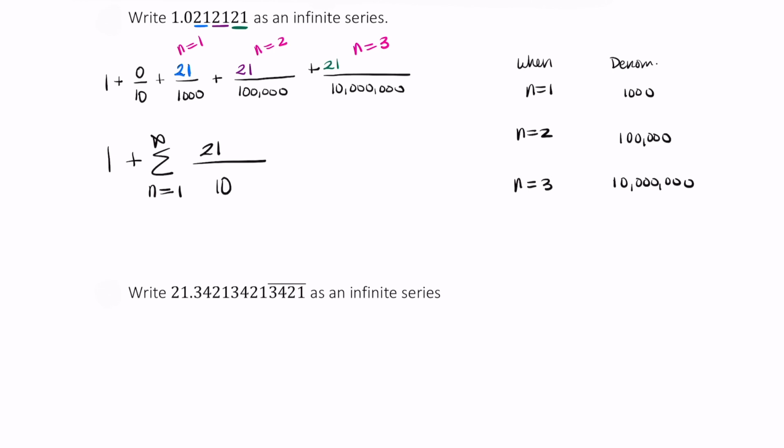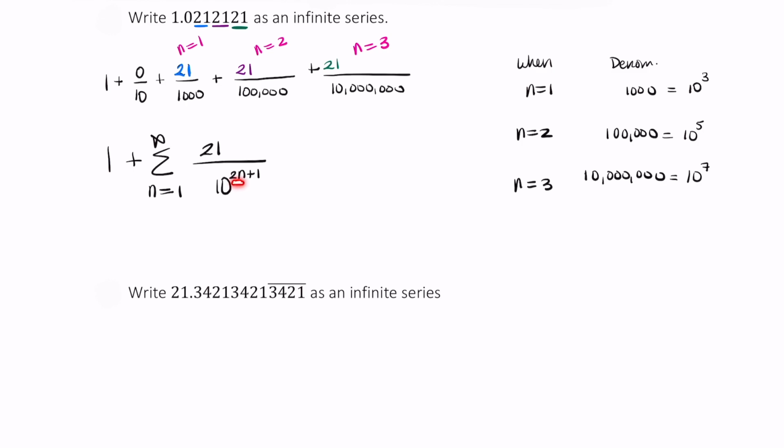Well, I'm going to scooch these over very quickly. You'll see why in a sec. So this first one is 10 to what power? This one's 10 cubed. This one's 10 to the 5th. This one's 10 to the 7th. So now you can see this pattern that we want to actually start with odd numbers. And to express an odd number, all we need is 2 times n plus 1.